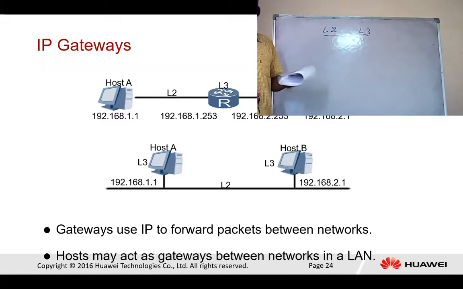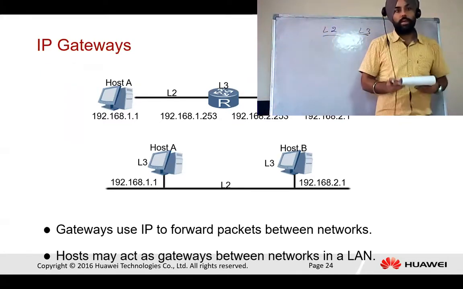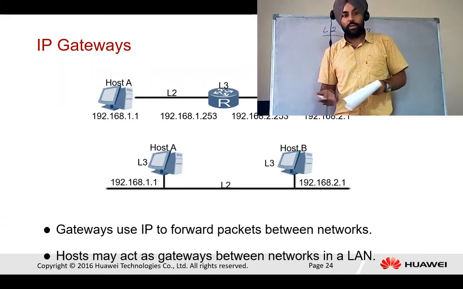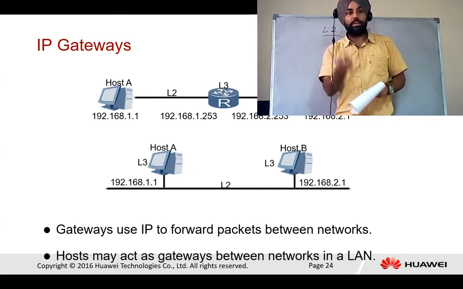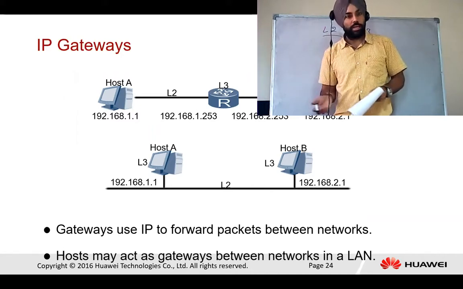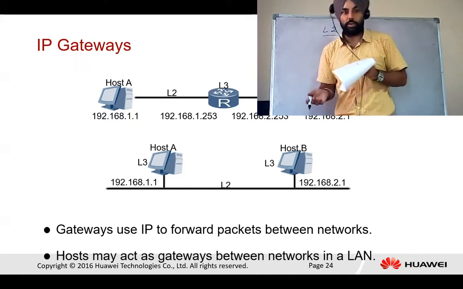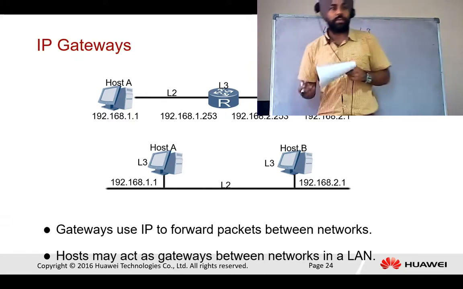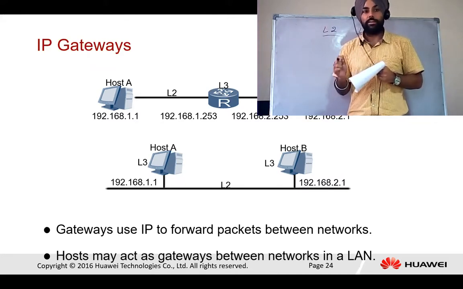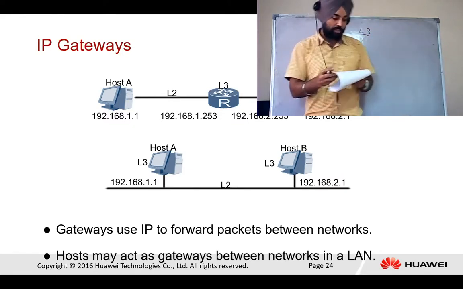If you transfer data on the same network, you don't need any gateway. A gateway is required when you want to communicate with a different network, because within our local area network we are not required to assign any gateway address to a particular PC. When we are talking about a different network, we need gateways for better communication.